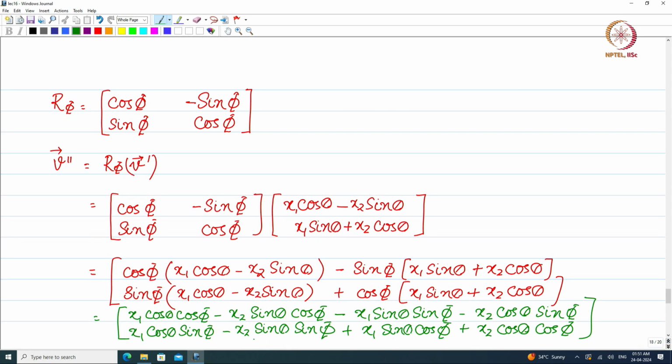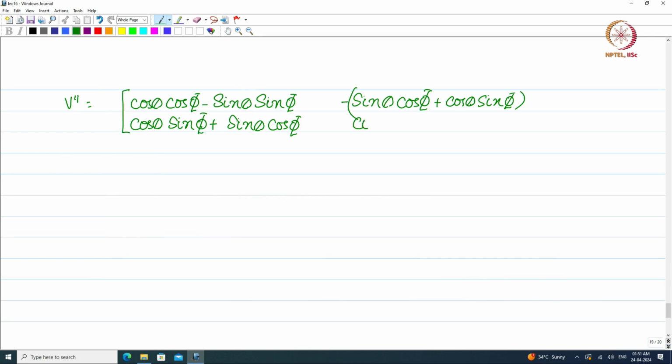X2 we are going to have cos theta cos phi minus sin theta sin phi, into x1 x2.